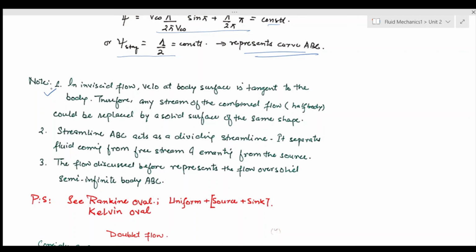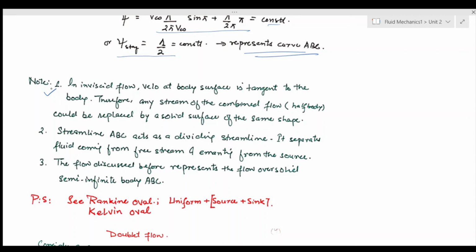Meaning that if I want to study a shape like a ship or a submarine, and consider that it is very long, then that shape of reality can actually be studied using potential flow theory by combining these two flows, uniform flow and source or sink flow.